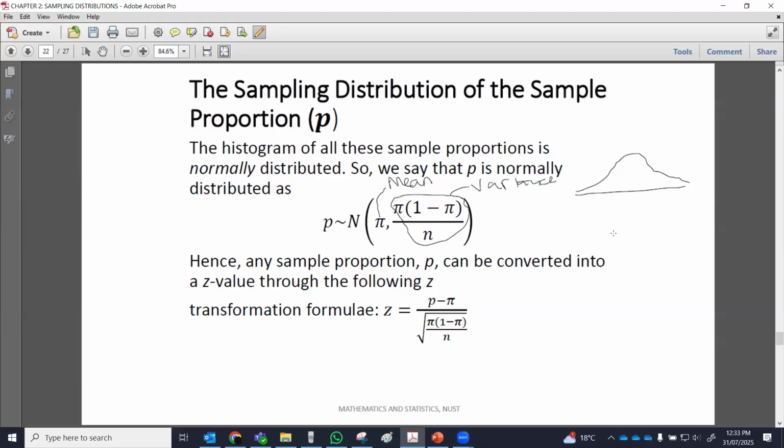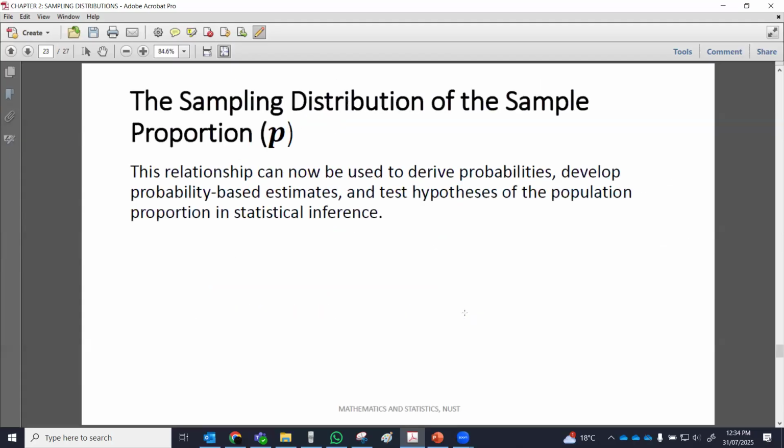If you remember, the one for the mean was Z equals X bar minus mu over sigma over the square root of n. So this one here was our standard error, but here our standard error for proportion is this one over there. Everything else we do is pretty much the same way. If you understood what we did for the mean, then this one will be even easier.